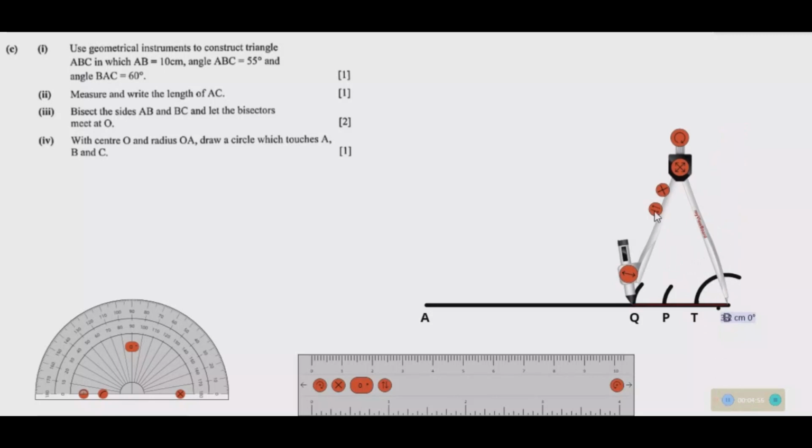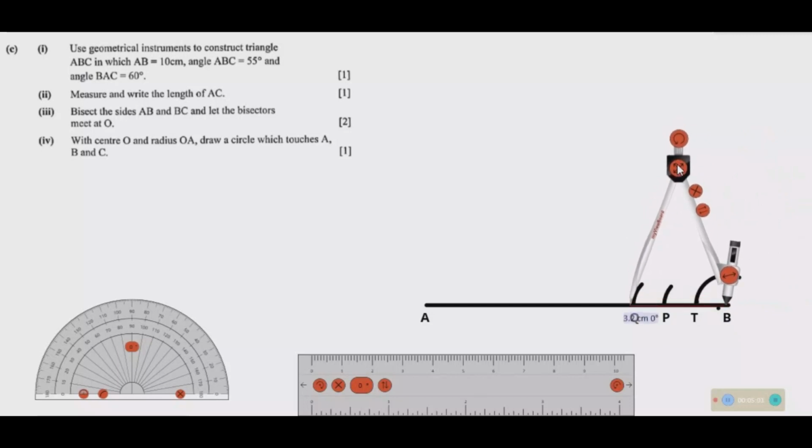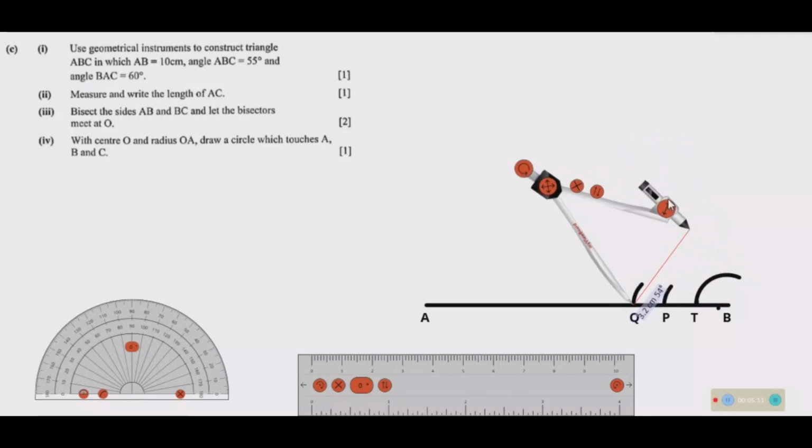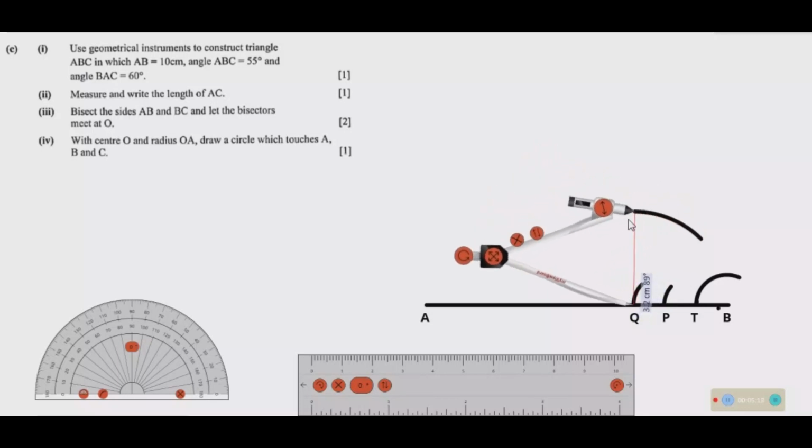Now I'm going to get my compass and put it here on Q. I hope you are able to see. I've gotten the measurement from B to Q. Then I'm going to put my compass there on Q and construct an arc. So my arc is going to be like this.